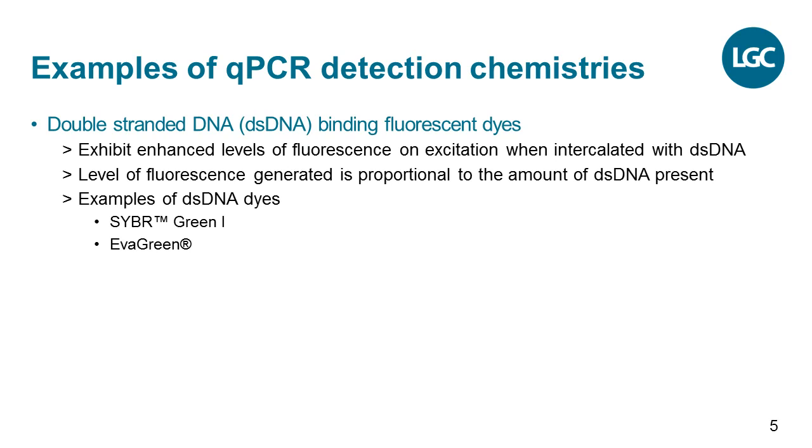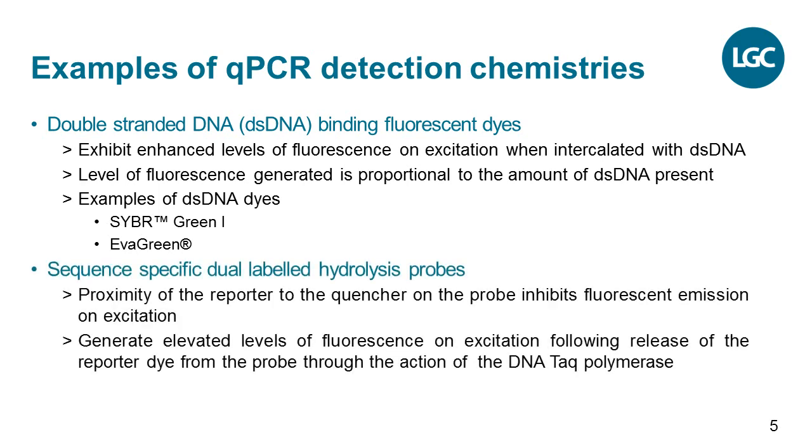Double-stranded DNA binding dyes exhibit an enhanced capability to emit fluorescent light on excitation when they are intercalated with double-stranded DNA. With hydrolysis probes, fluorescence is detected as a consequence of the release of a reporter dye molecule from the probe as a result of the enzymatic action of DNA Taq polymerase.